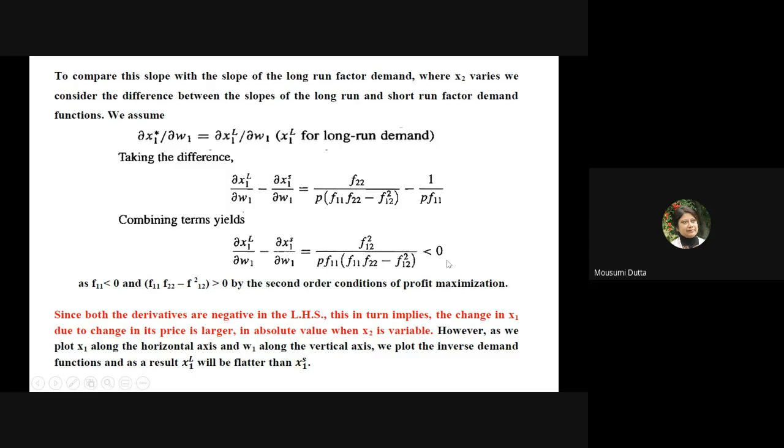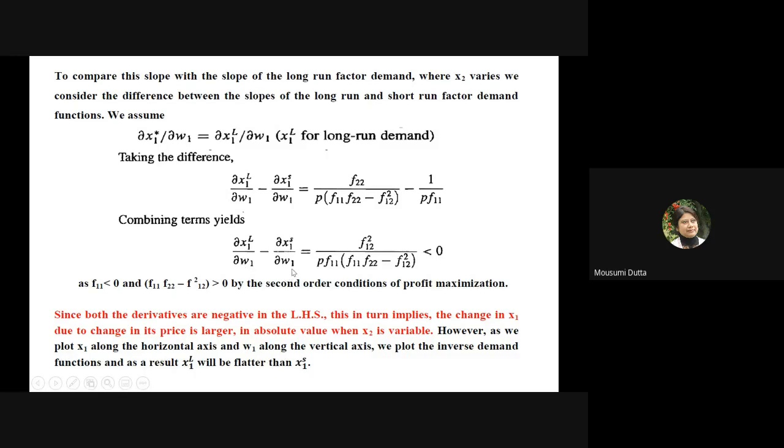So to maintain the negativity of this difference, what we need is that the absolute value of del x1L by del W1 should be greater than that of del x1S by del W1. I'm repeating.